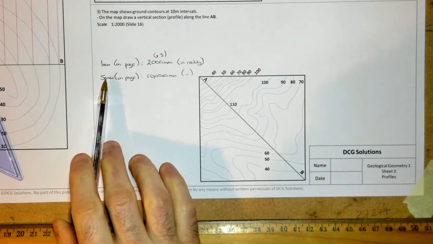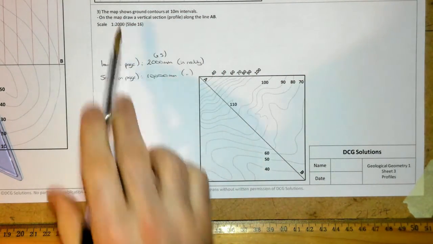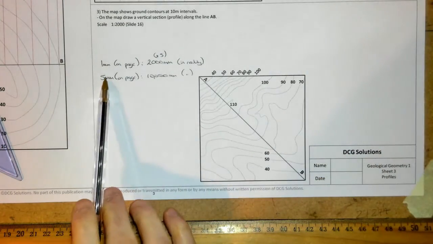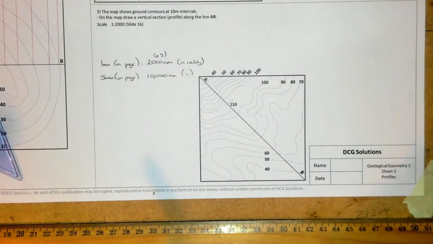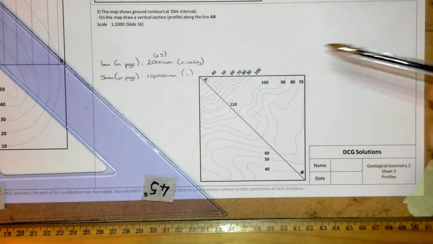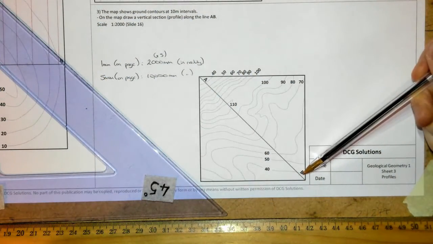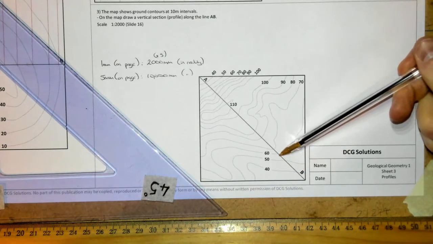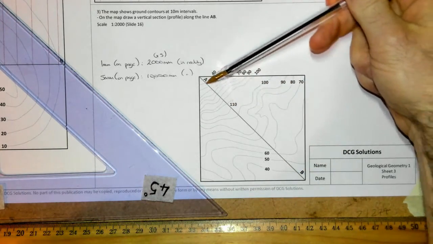So this time we're doing something a bit different based on the scale and the contours that we had. Now we're going to go up in 5 millimeter intervals. In doing this question, I'm going to look at my contours and see what my lowest one is. The lowest on this side is 40, and it works way up to the highest, 110, then back down to 40.